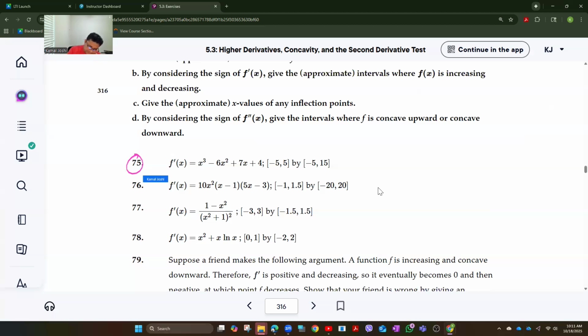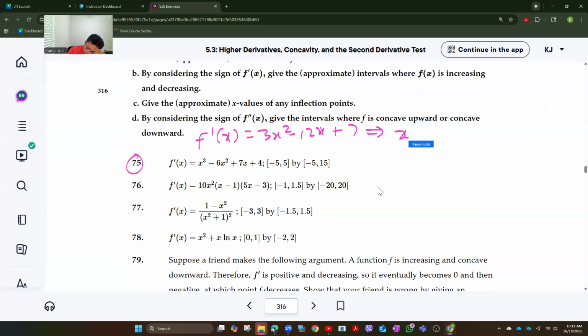If you find the first derivative, that is 3x squared minus 12x plus 7. I'm not sure if it has any simple solutions.